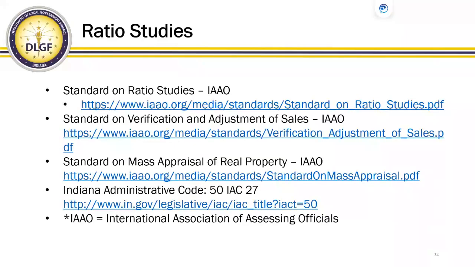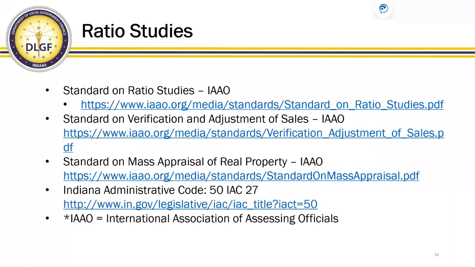In terms of references or other information that you can look at, I indicated that we, the Department of Local Government Finance, have adopted by reference the IAAO standard on ratio studies, and you can see the link to the IAAO website.